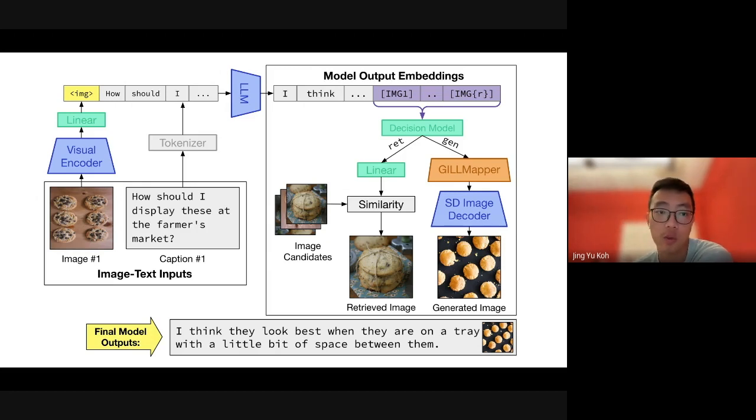One advantage of doing it this way is that you don't always have the correct candidate images in your retrieval set. So people might go on your app and ask, show me an image of a squirrel on a beach drinking a martini. We don't really have relevant images in the retrieval database because they're all real images. So in that case, if you start from a denoised image, you might not necessarily get as novel an image as if you were to start from scratch.